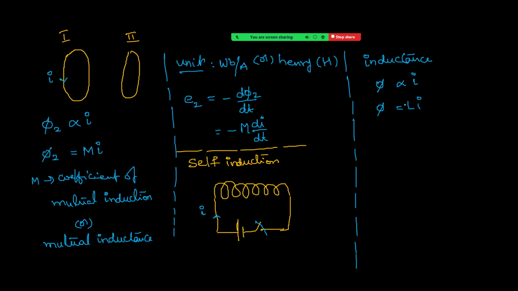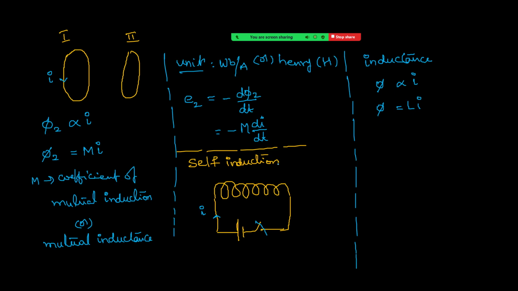This L is known as the coefficient of self-induction, or simply self-inductance. It is just like the coefficient of mutual induction. And units are the same, Weber per ampere, or Henry.